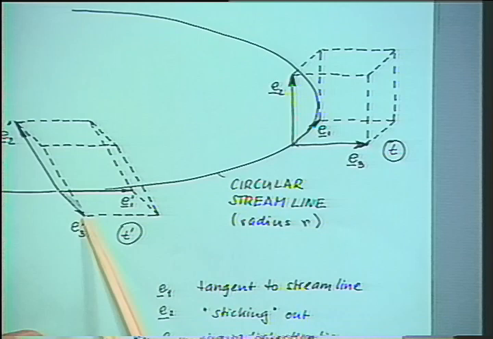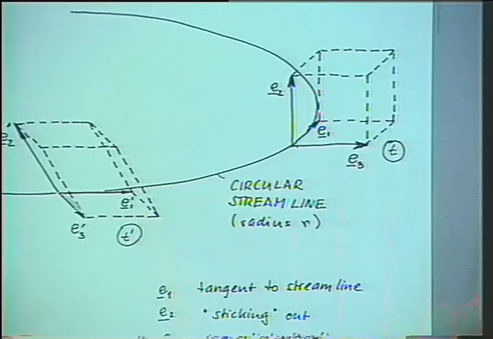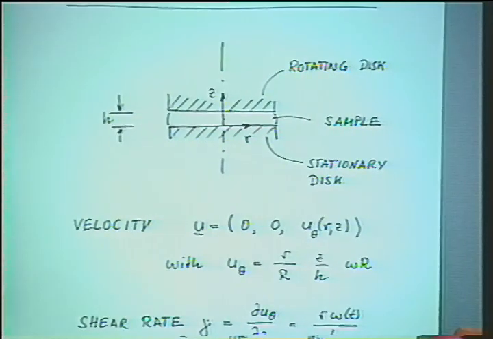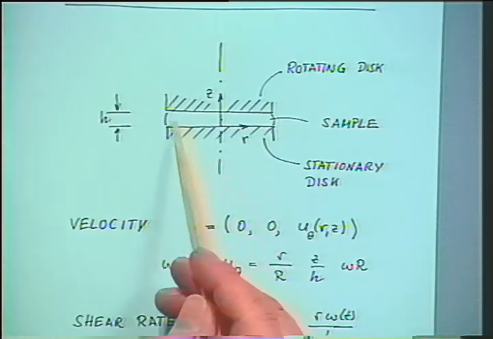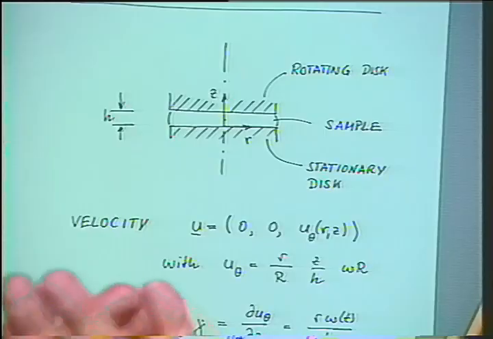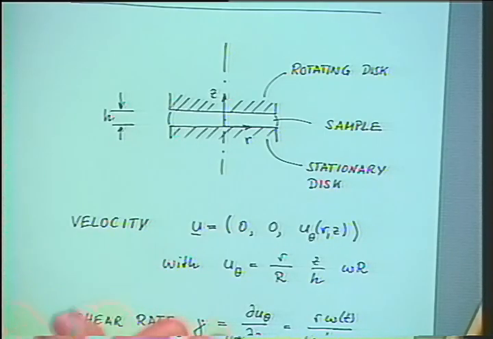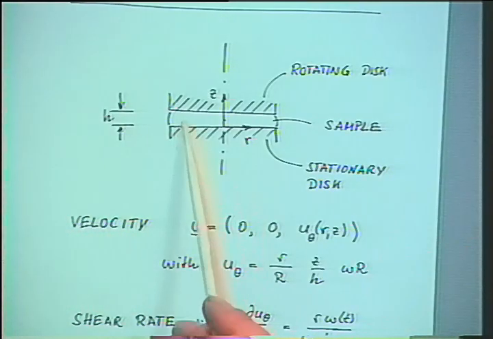Well, no, even if, in the experiment we have here, we have layers of material which move across each other rigidly, like disks in a record player. They're just rotating at different speeds, but they are moving rigidly.